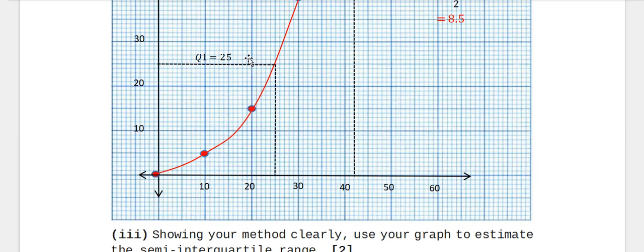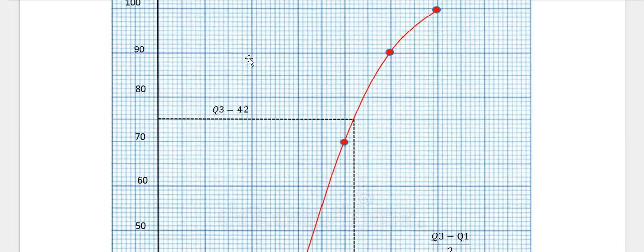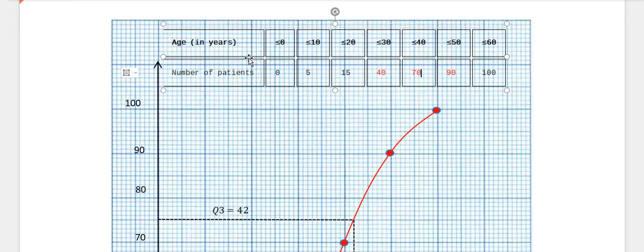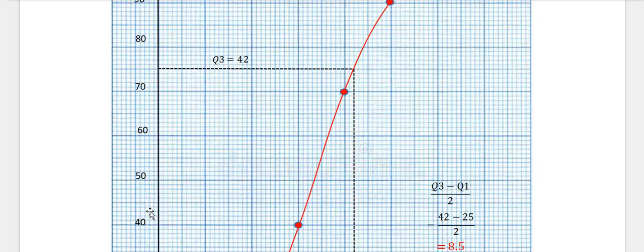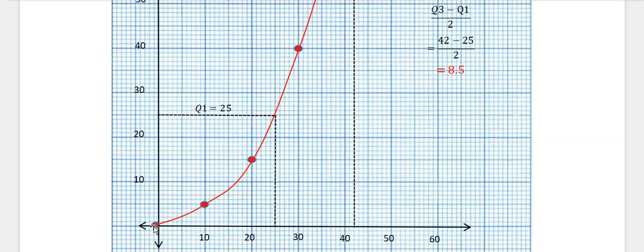So let's try to plot the graph up. So this is how you plot this graph. You start with 0 and 0, so 0, 0. The ages are on the x-axis, and the number of patients is on the y-axis, and so it is 0 and 0. That is where I wrote this point here.